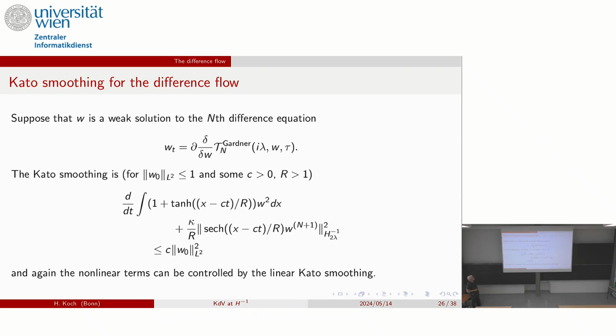So then we look for Kato smoothing. And the Kato smoothing which you get is related to the quadratic term, which I had described on the previous slide. What you get is this decay to the right. I've centered it at 0 now. You have the sech, the secans hyperbolicus, which is a bump function, which moves to the right. There's some constant here.